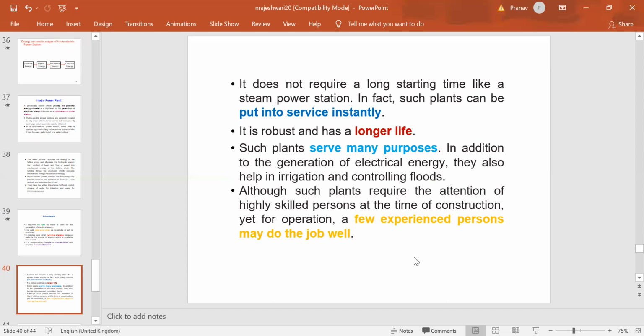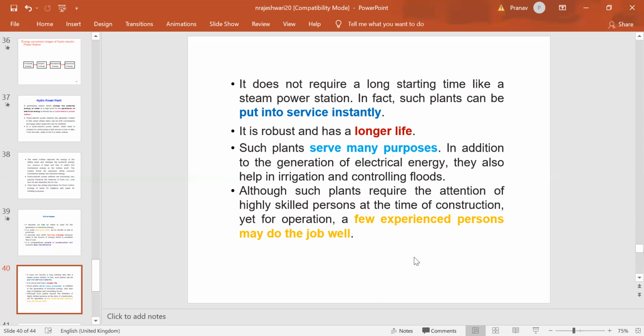Although such plants require the attention of highly skilled persons at the time of construction and for operation. A few experienced persons may do the job well for this hydroelectric power station, because it works with flow of water, so highly skilled persons are required for the construction of dams and the operation.